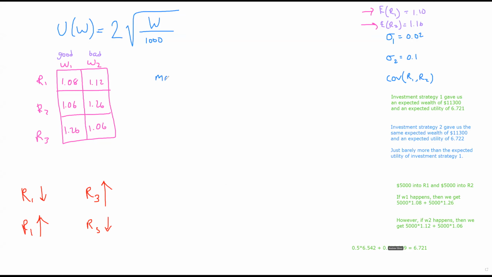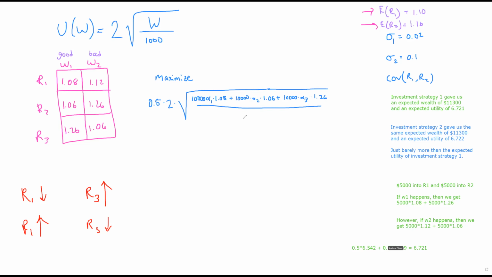So maximize 0.5 times 2 times the square root of 10,000 times alpha 1 times 1.08, plus 10,000 times alpha 2 times 1.06, plus 10,000 times alpha 3 times 1.26, all over 1,000.